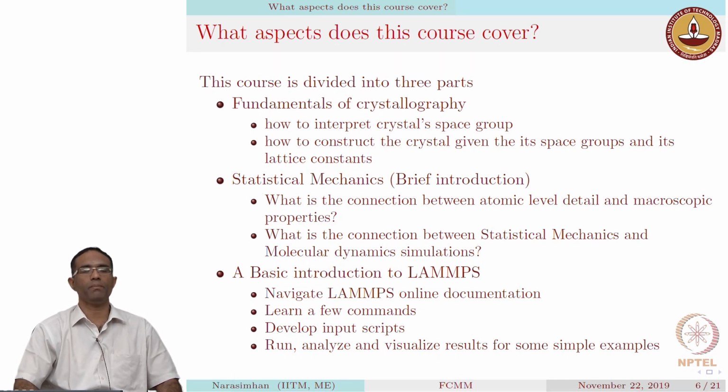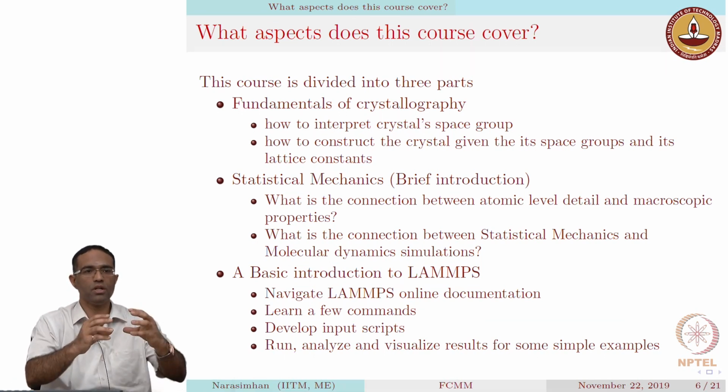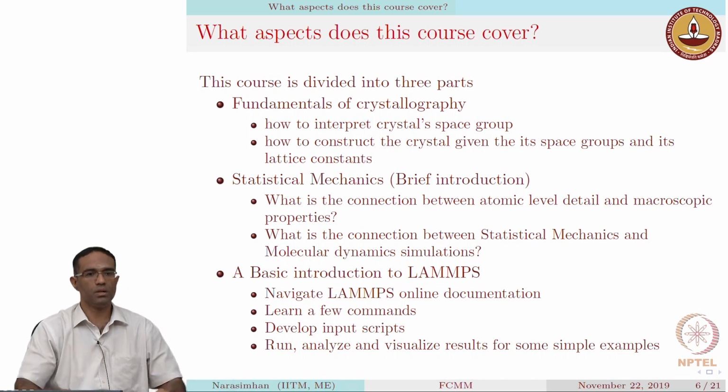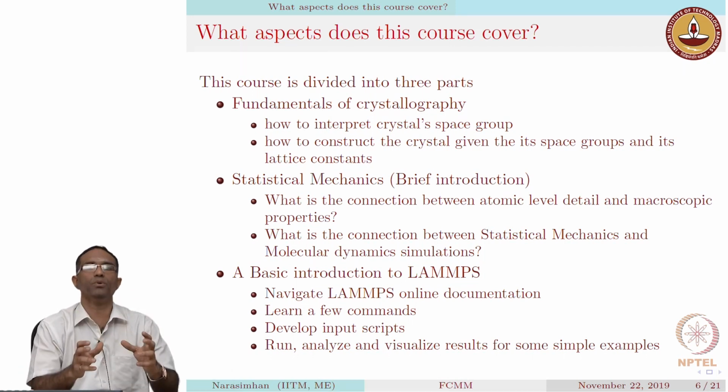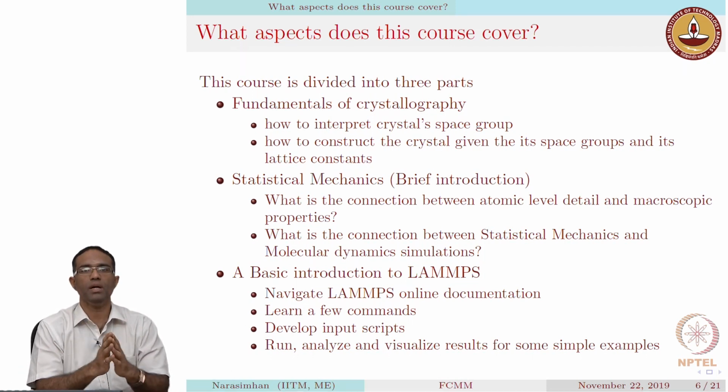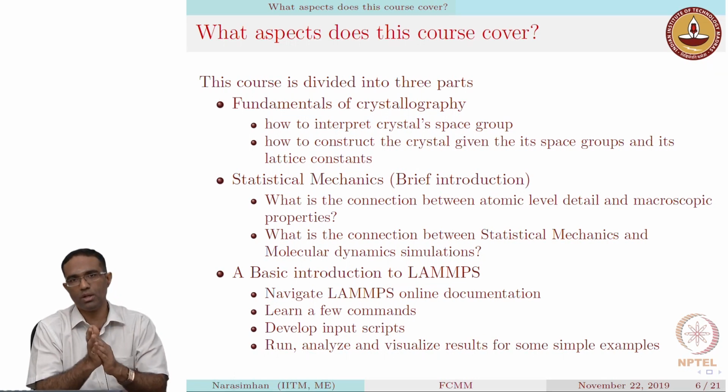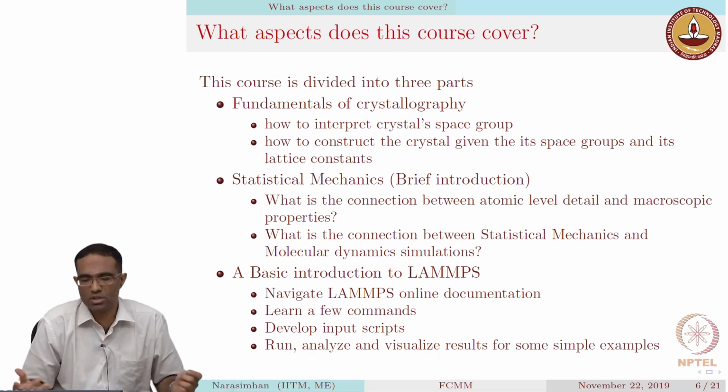The first part is called Fundamentals of Crystallography, and the main objective of this part is to help you interpret a crystal's space group. We are given a crystal structure and we are told that it belongs to a certain space group. We will talk about what space group means when we get there, but the first part of the course is essentially meant to help you generate these crystal structures on the computer, which is the first step in starting to conduct computational simulations on crystals.